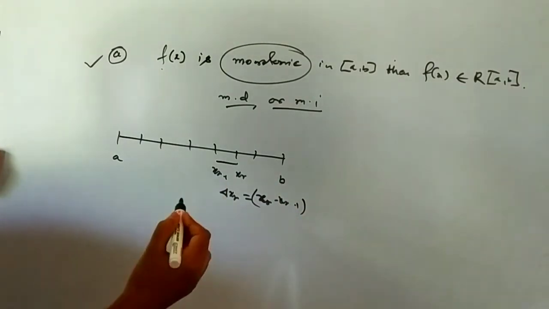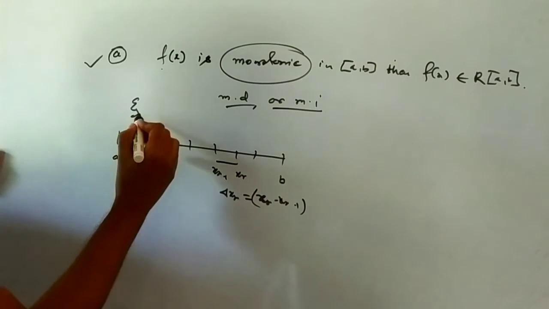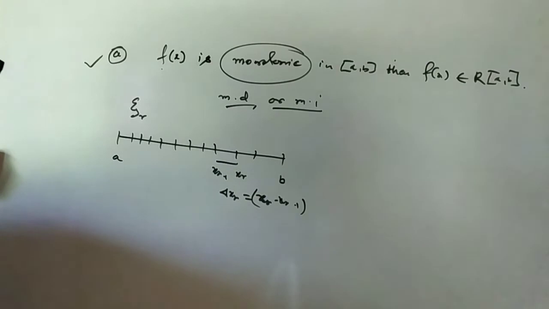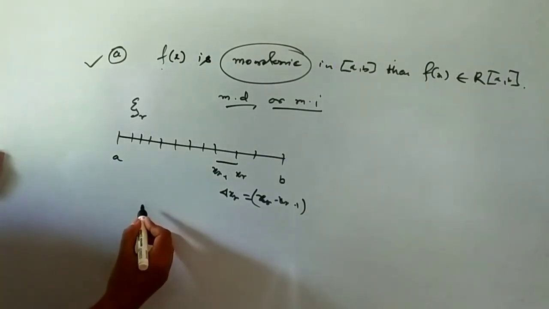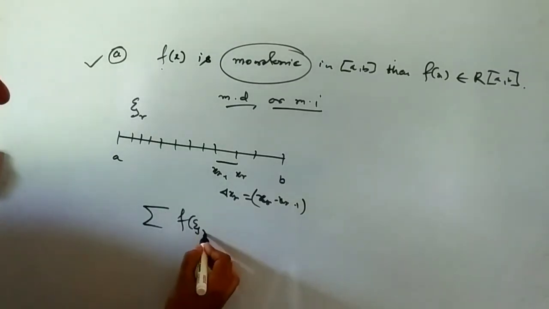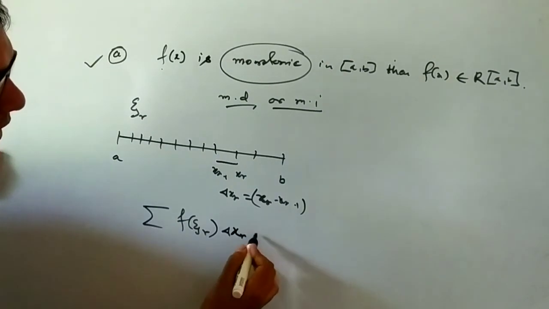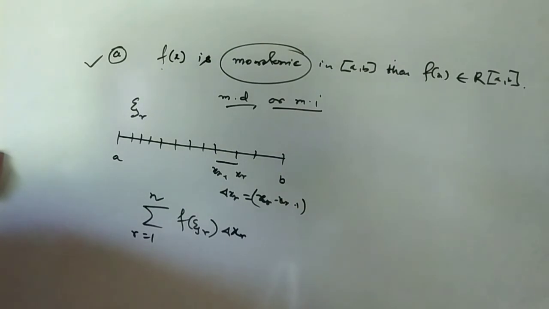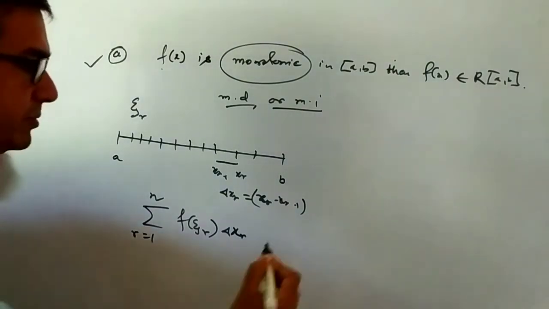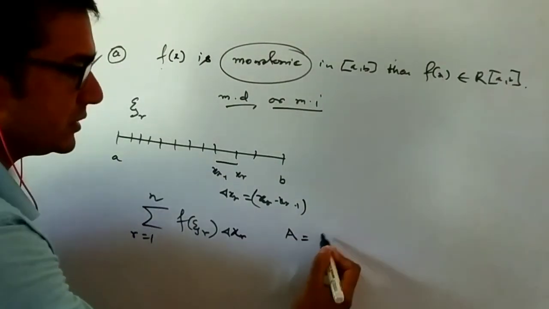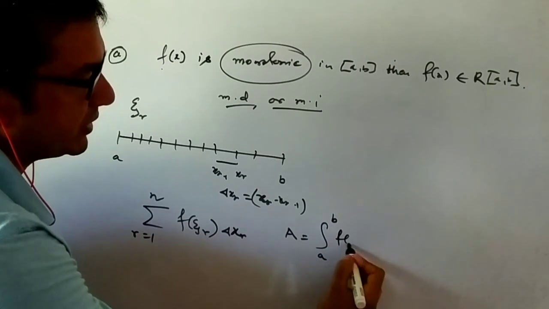And if we choose xi r, any point in each of the subintervals, then we get a sum of f(xi r) delta xr, where r equals 1 to n. And if there exists a number capital A, this is the integral from a to b of f(x) dx.